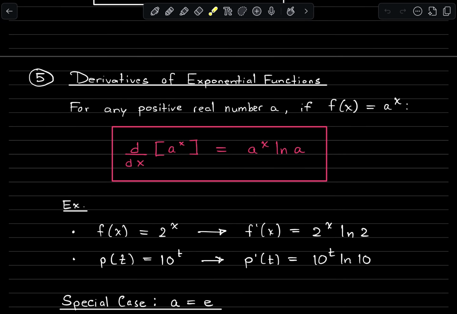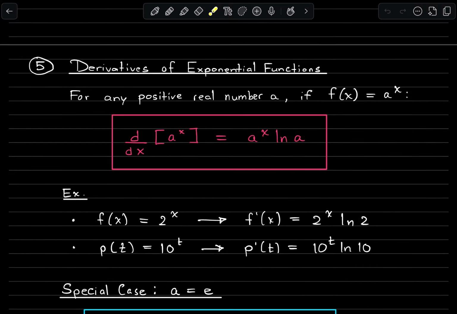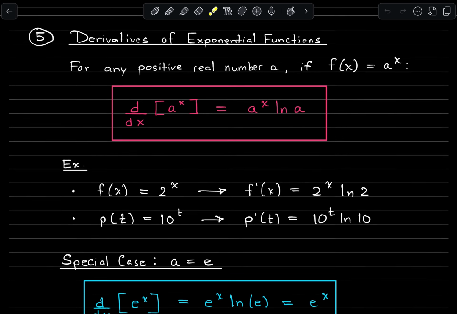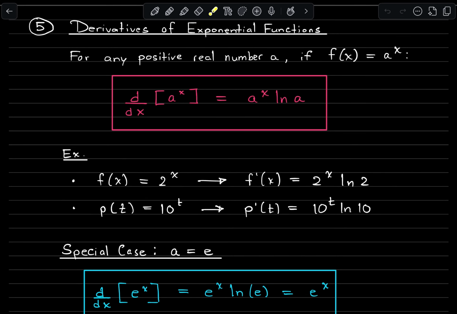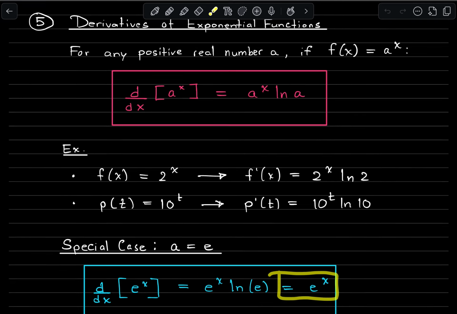Okay. Now we have a special case when that real number is e, Euler's number. If we were to take the derivative of this with respect to x, well, we're going to get e to the x times the natural log of e. But the natural log of e is itself simply 1. So we're left with just e to the x.